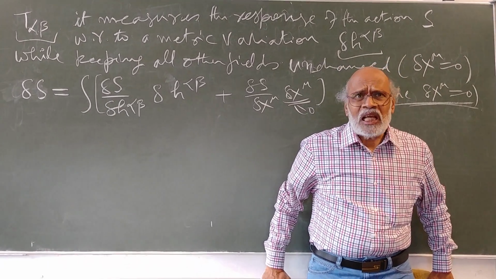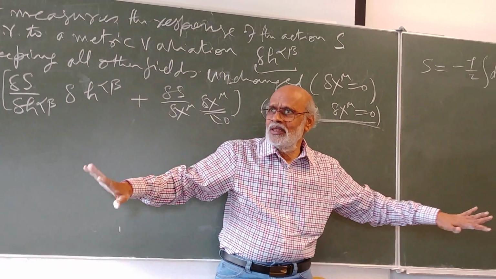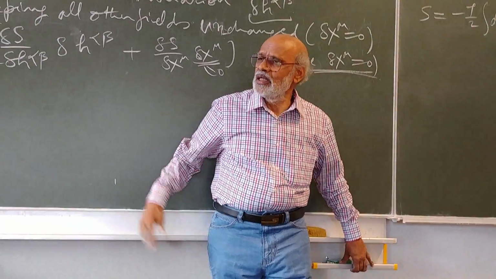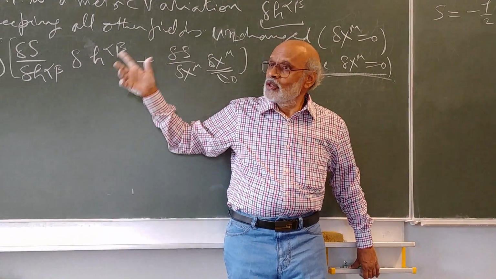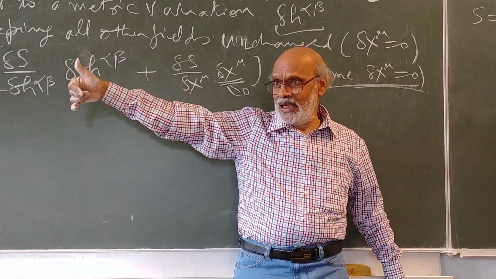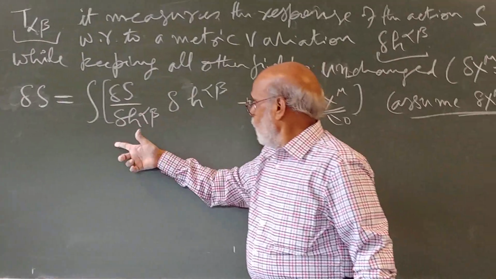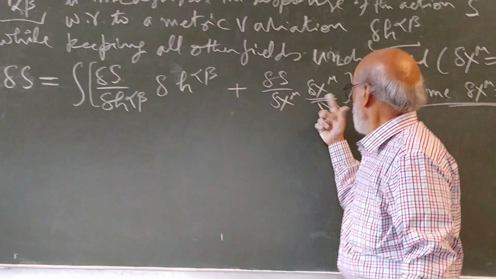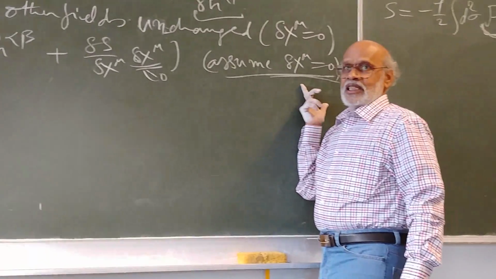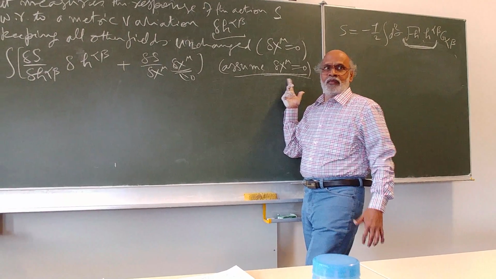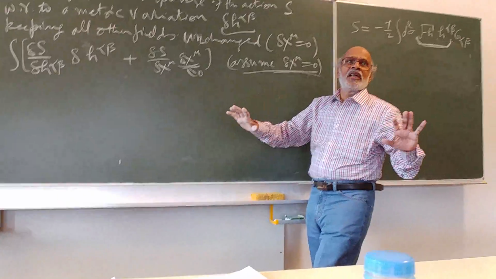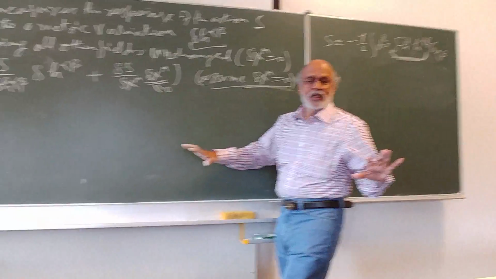We are considering the simplest things for our purposes, but in principle you could add more. If you happen to do that, then this T alpha beta would measure only this. So this is non-zero, but all other variations would have to be 0. This is how we are defining our energy momentum tensor.